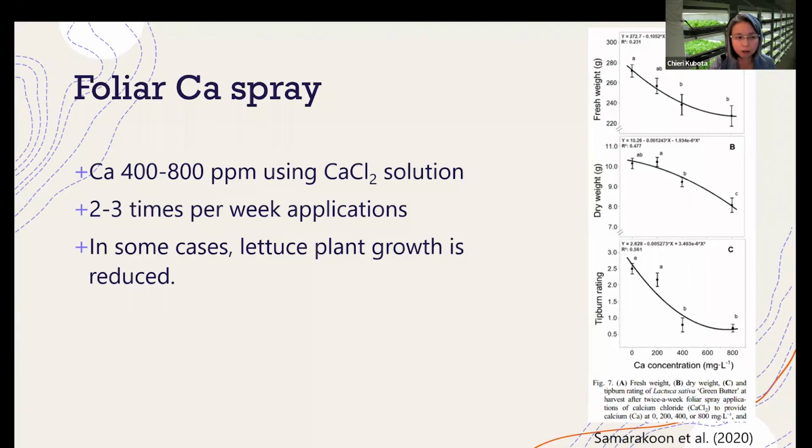All right. So foliar calcium spray is something we know as a recommendation from horticulturists, greenhouse growers, or greenhouse researchers. To be honest, it's not my favorite approach because I have to wet the plants and spray manually several times a week.